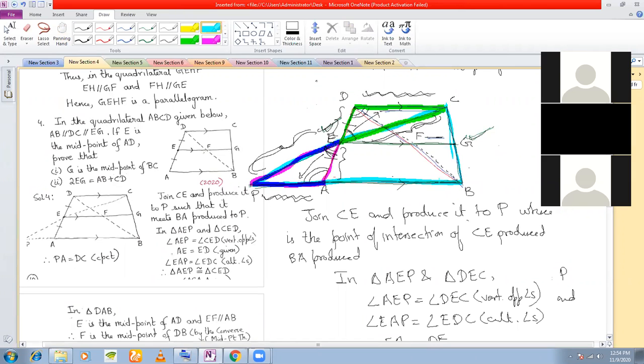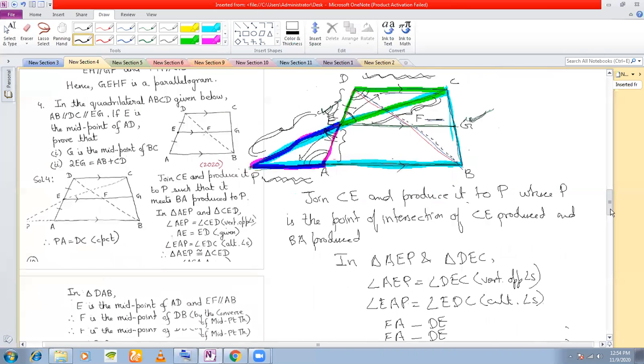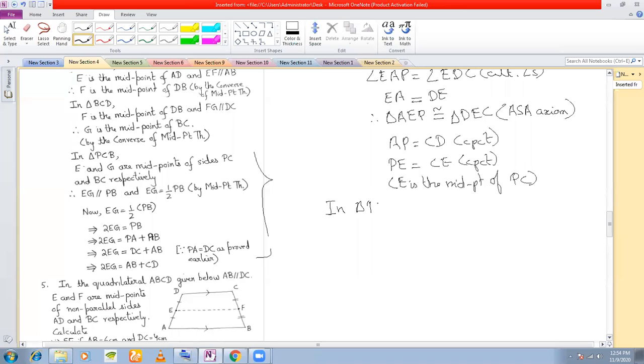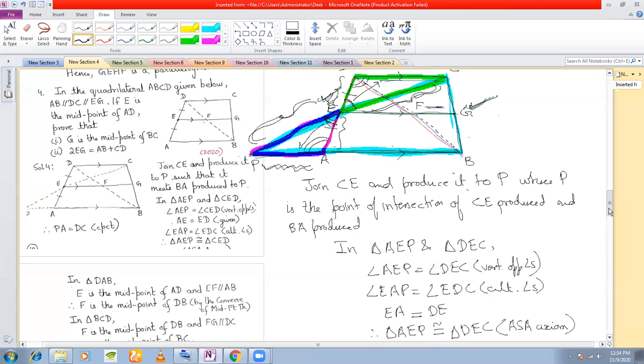This is the midpoint. In this triangle we are going to apply the midpoint theorem. So in triangle PBC, E and G are midpoints, because G we have already shown to be the midpoint.